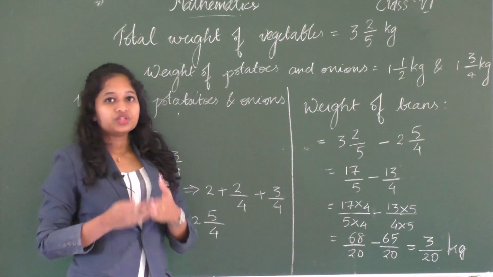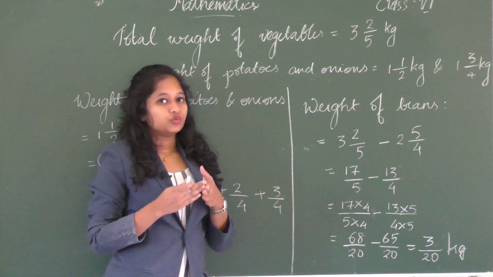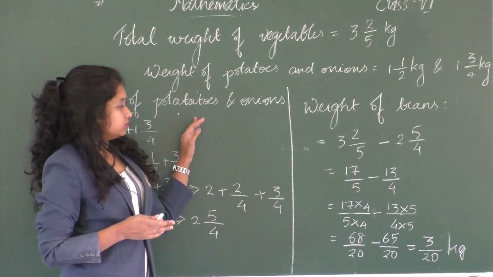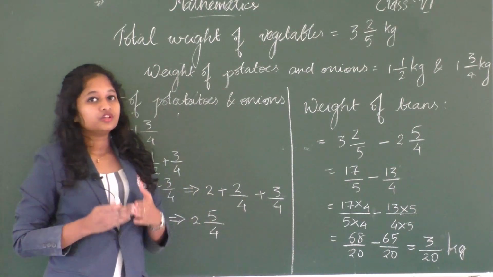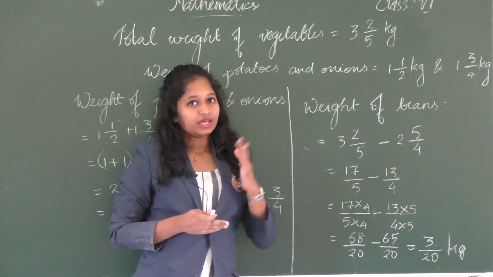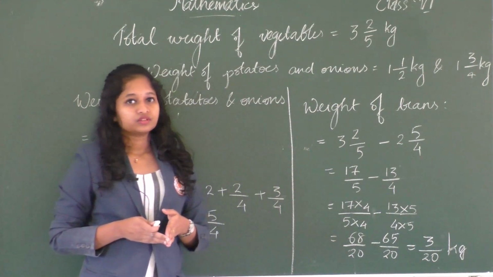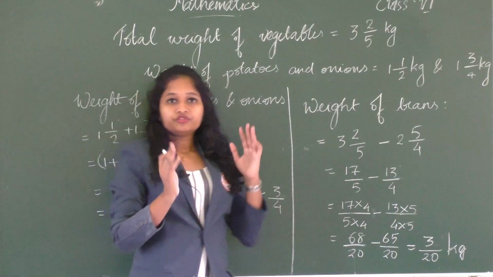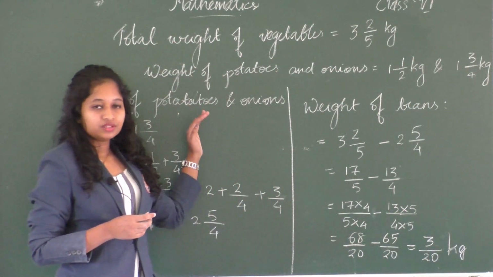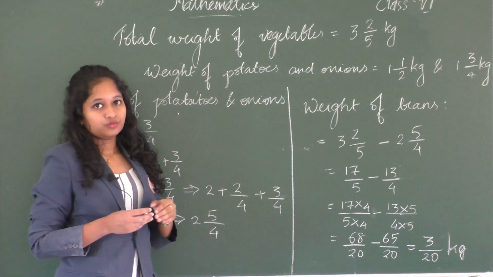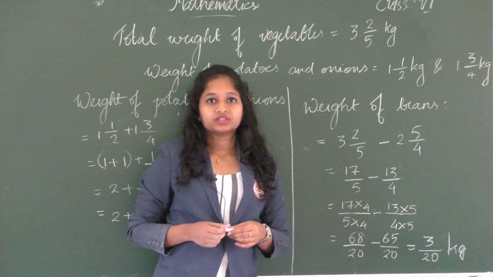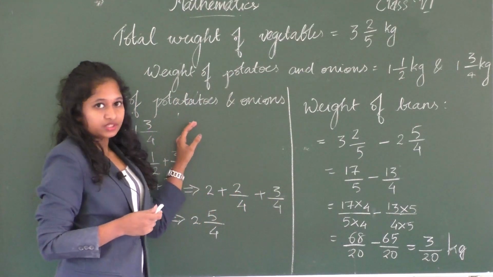Now, the question is to find the weight of beans. Here, first we have to find the total weight of potatoes and onions, and from the total weight of vegetables we have to subtract this weight so that we will get the weight of beans.